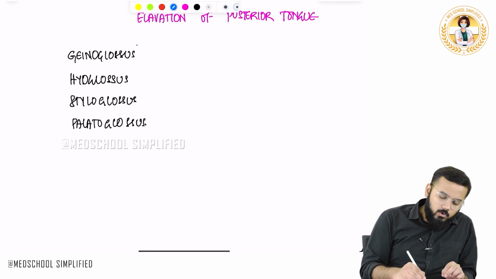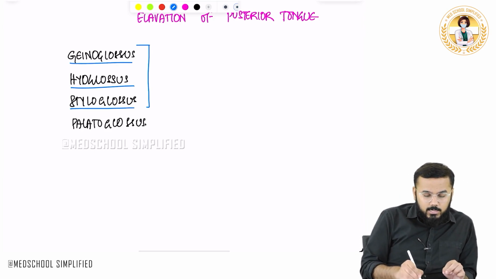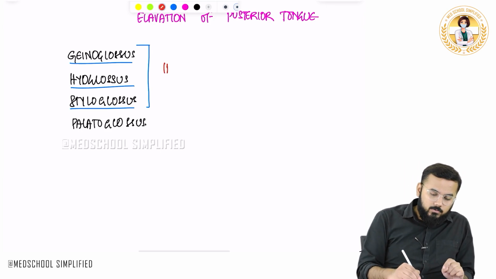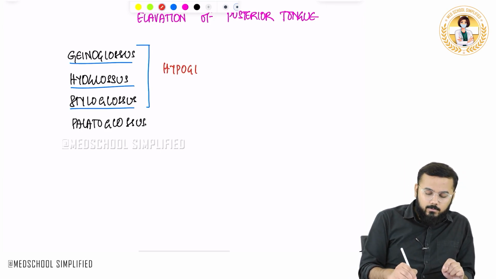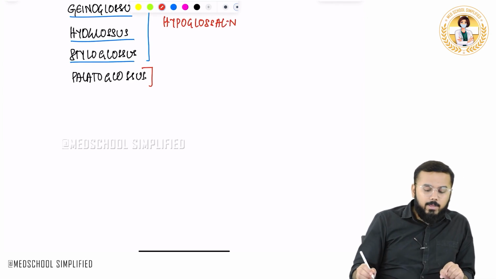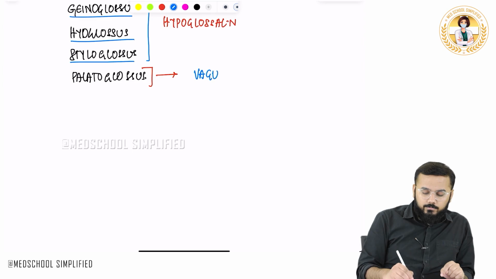Now out of these four muscles, the first three muscles you can see, genioglossus, hypoglossus and styloglossus, they are innervated by a motor nerve, and that is what is called your hypoglossal nerve. Okay. Next, after that you got the palatoglossus. Palatoglossus alone is innervated by vagus nerve.